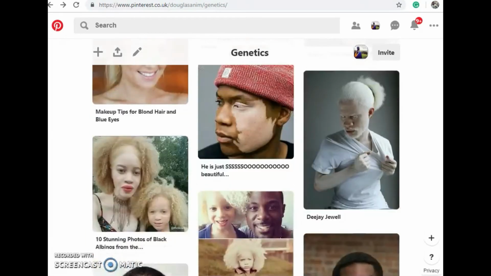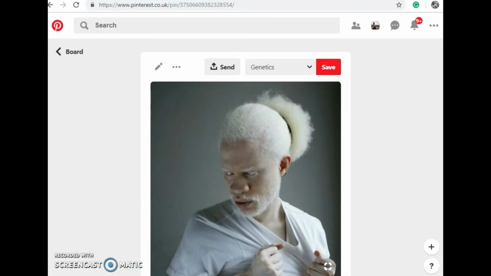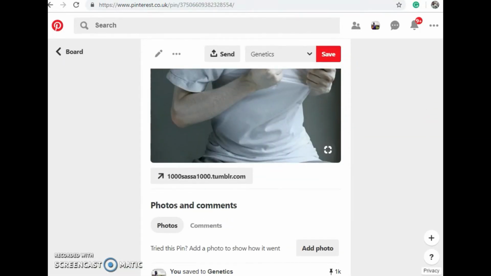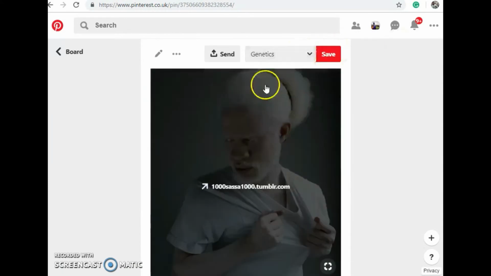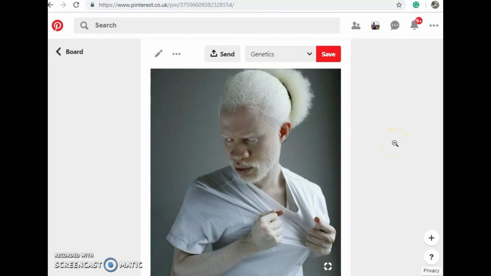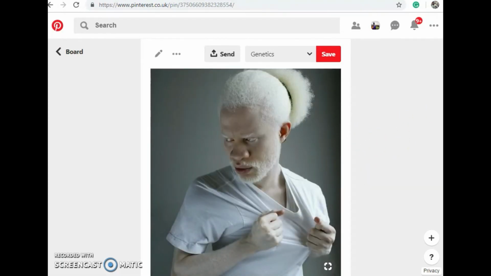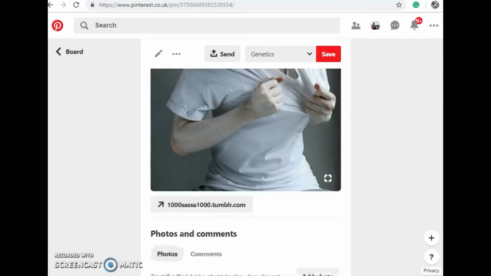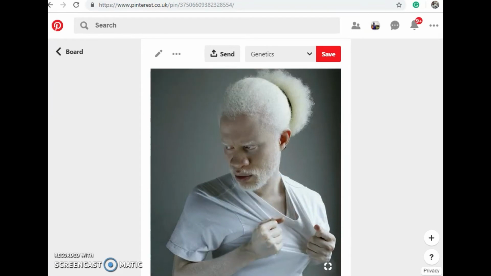Okay, now let's move on. So this cool guy has what makes his skin so white. He's African. You can see he's probably from African descent, but he has very pale skin and pale hair. You can definitely tell that his hair is afro.